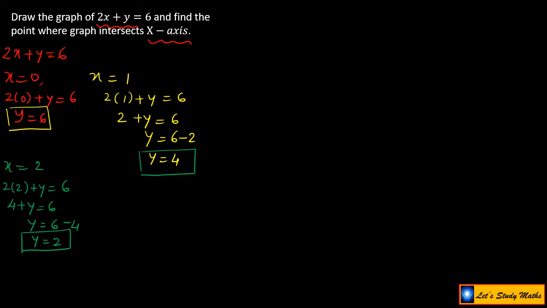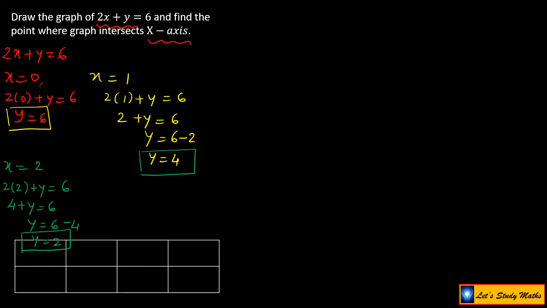We'll represent these values in the table. So x and y: when x is 0, y is 6; when x is 1, y is 4; when x is 2, y is 2. These three solutions we got.